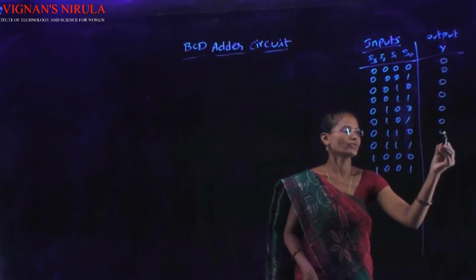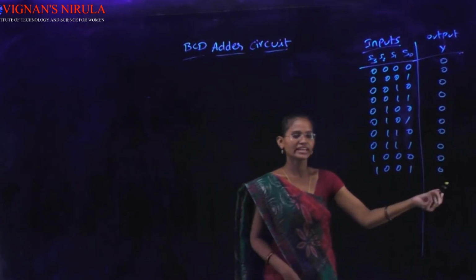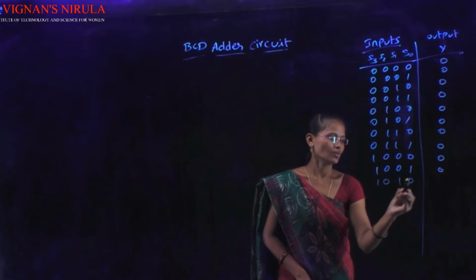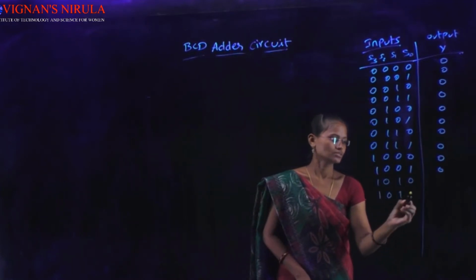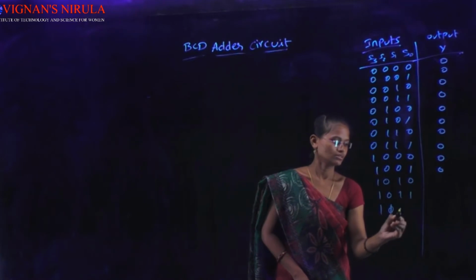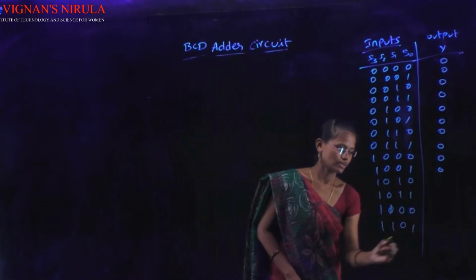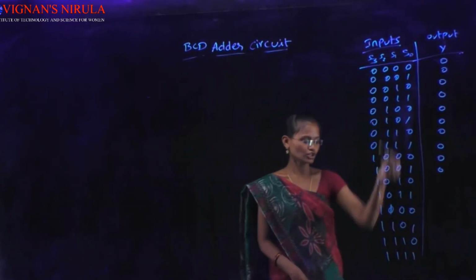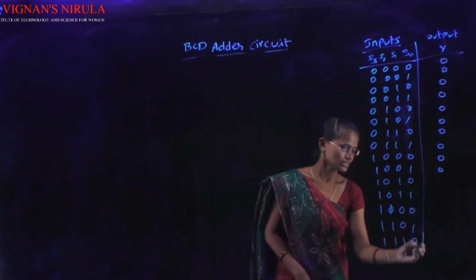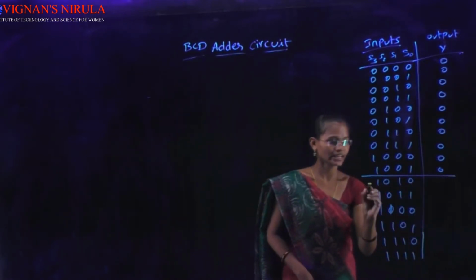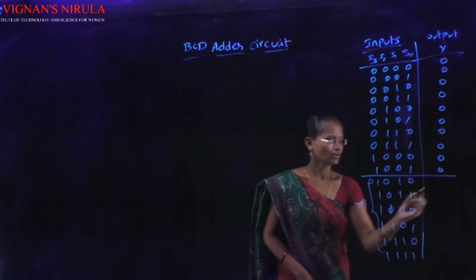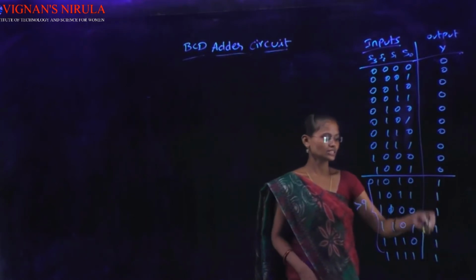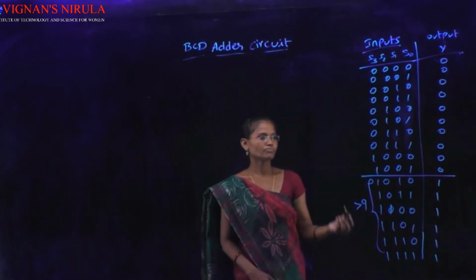If the sum is greater than 9, then an error occurs. This goes up to 15, that is 0 to 15 in binary representation. Anything greater than 9 is an error, so you have to correct the sum.